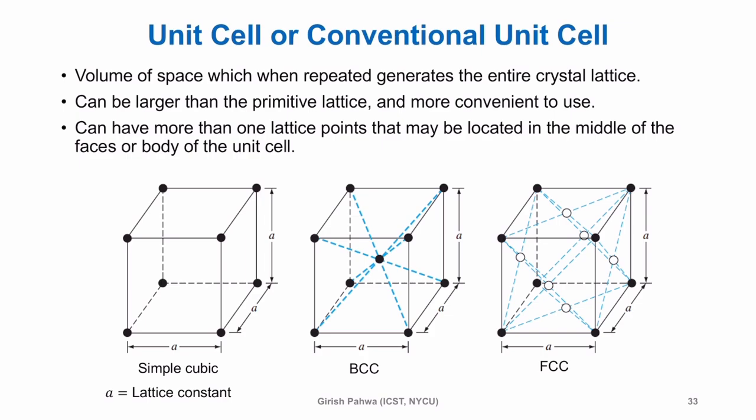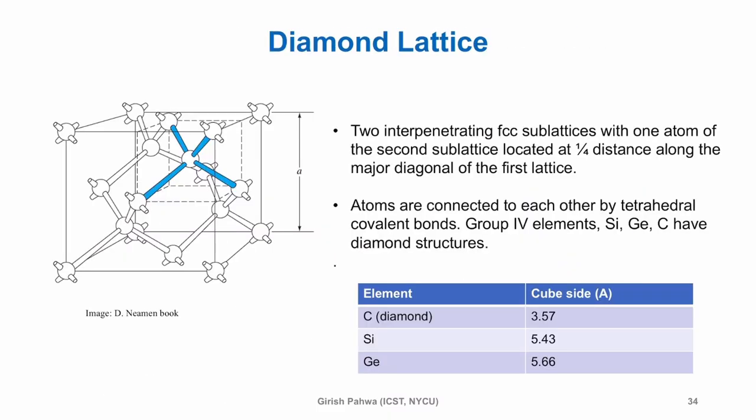For those, we need not talk about groups of atoms at every position, only one atom will be sufficient. So now I'm going to put atoms on those points and see what happens. There is a lattice called the diamond lattice structure.